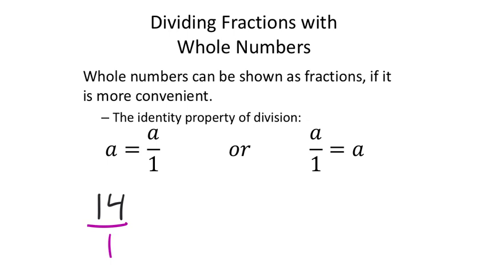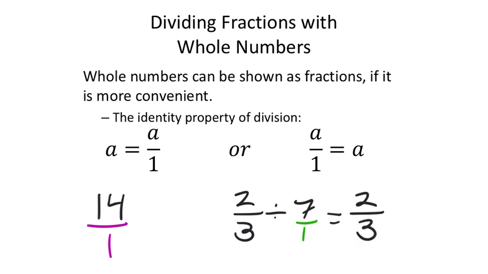Because let's say that you had something like 2/3 divided by, we'll just say 7 this time. Well, if you make it 7 over 1, now you can flip that fraction, and then you have 2/3 instead of it being divided. Now you can flip that 7 to be 1 over 7 instead. And then you can change the operation to multiplication. See that? Then you got some multiplication involved. You get 2/21, you'd be done.